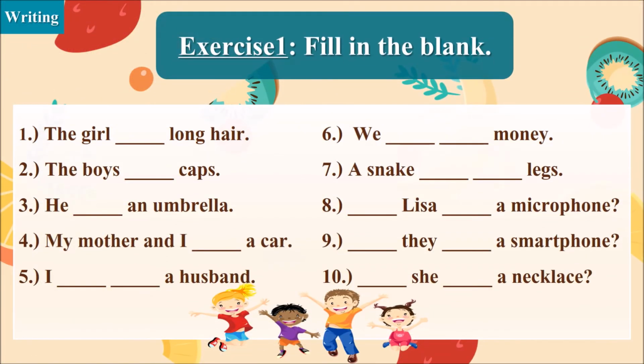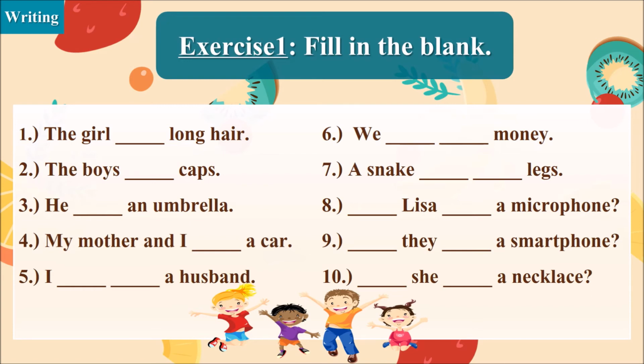Now we learned verb to have in 3 forms: affirmative, negative, and question. It's very easy, right? I have an exercise for you. You can download the worksheet by clicking the link in the description box. Exercise 1 is about writing. Fill in the blank.